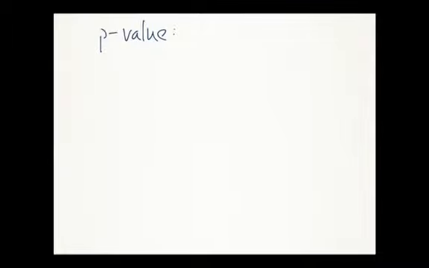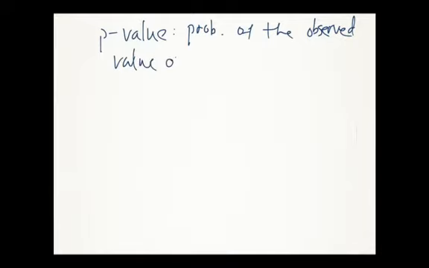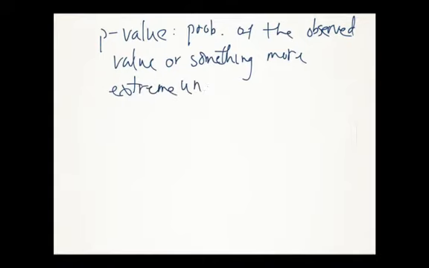The p-value, again, is the probability of the observed value or something more extreme under the null hypothesis.